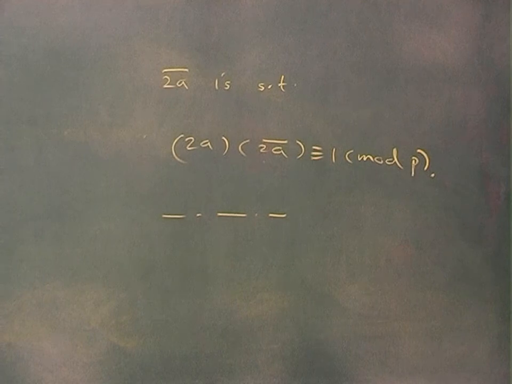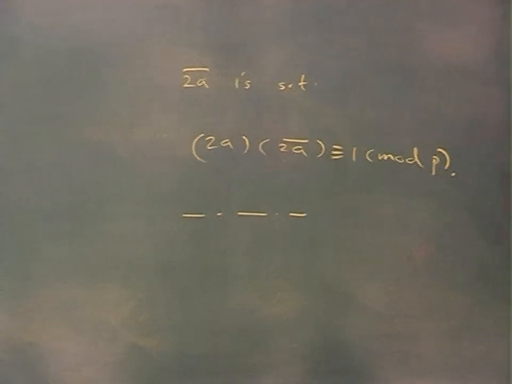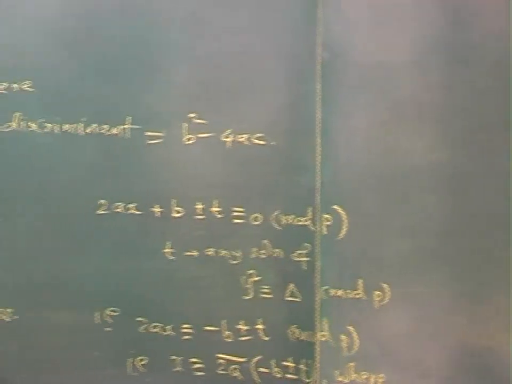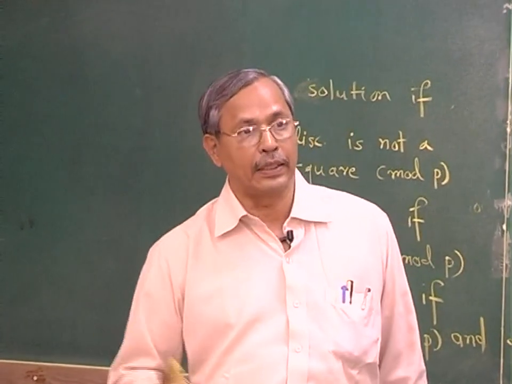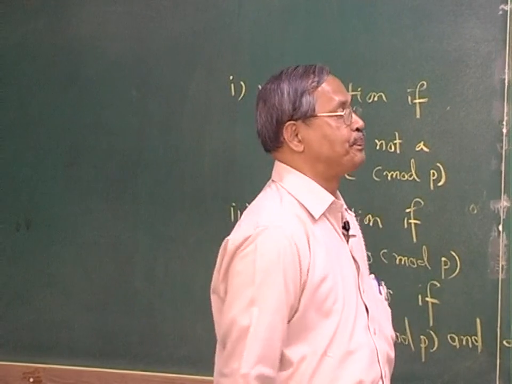Here, whether an integer has a square root mod p is not easy to decide, because you have to really list all the elements from 0 to p minus 1, take the squares of these and see whether your number is the square of something. That may take a lot of time if p is large.